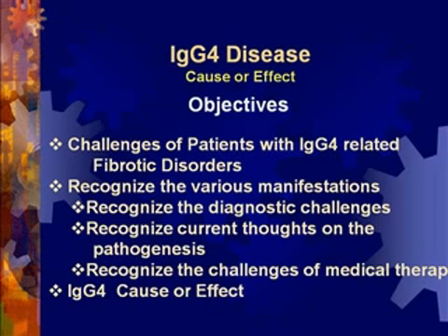So, IgG4 disease, I just reviewed with you some of the difficulties that these patients present with, because the biggest diagnostic challenge is, is there a tumor underlying? And without a biopsy, you cannot make this diagnosis. At the same time, a lot of pathologists are not very comfortable reading IgG4-related pathology slides.